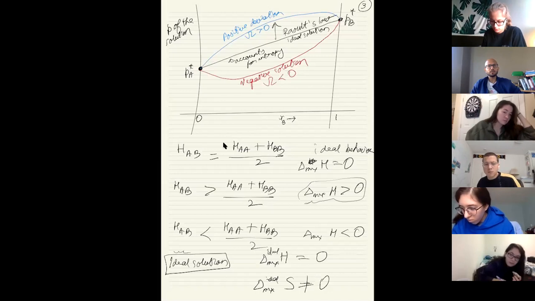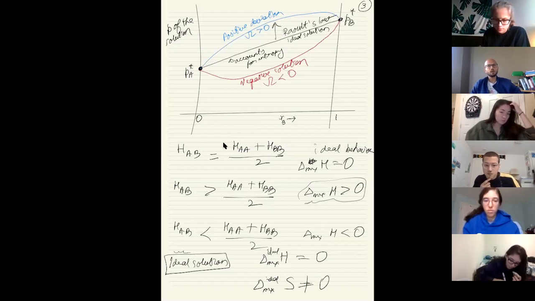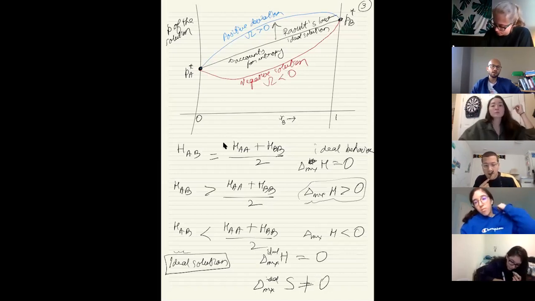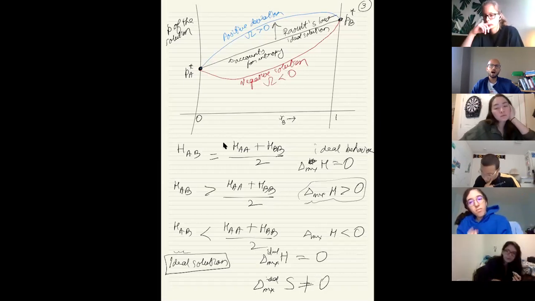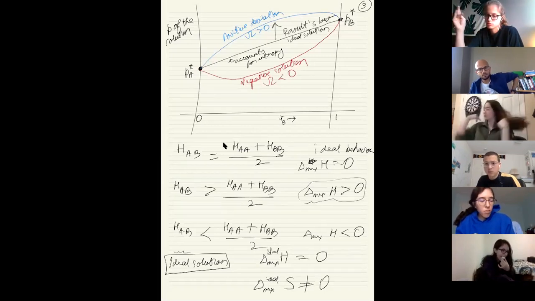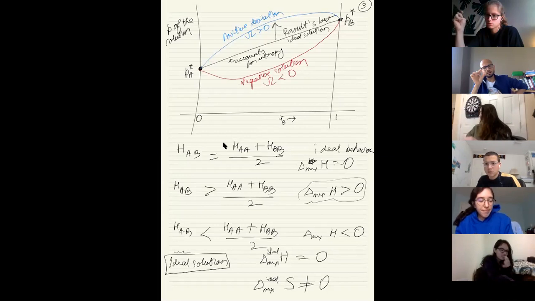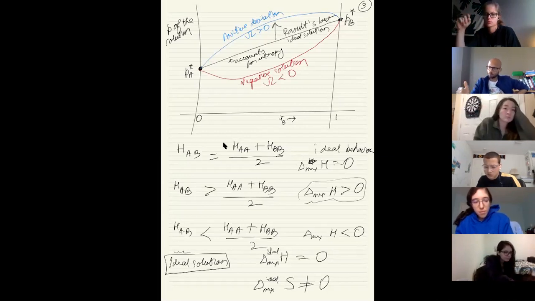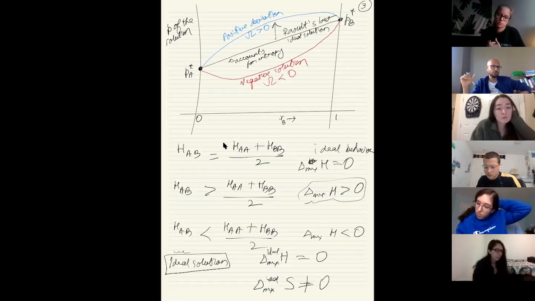Almost nothing in life is ideal. The closest you can get to ideal behavior is by looking at rare gases talking to each other, like argon or neon or krypton, because they are as close to the ideal potential energy curve that you can think of. But even there, you have a finite radius. Even there, you start doing van der Waals is a better model for this. So almost always this will break down.